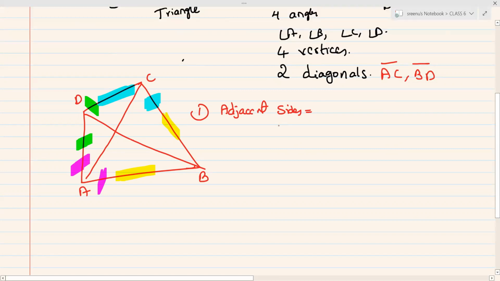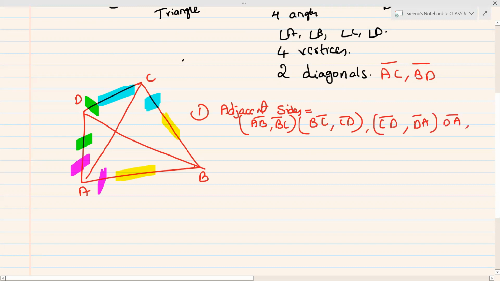AB, BC are adjacent. BC, CD are adjacent. CD, DA are adjacent. And DA, AB are adjacent sides, 4 pairs. Next, second, adjacent angles. These are basic points which are very important for further classes.